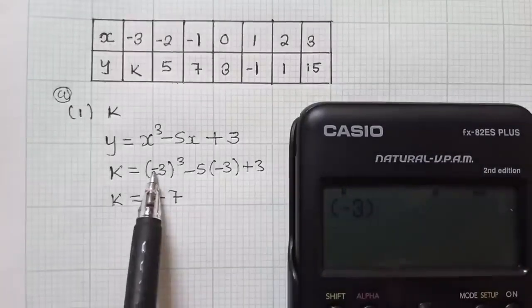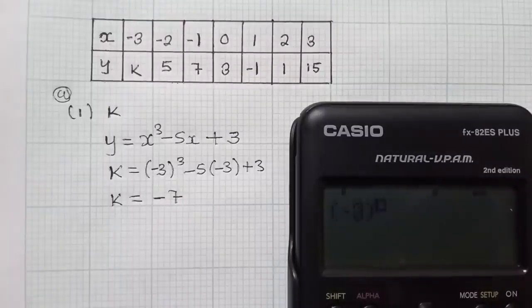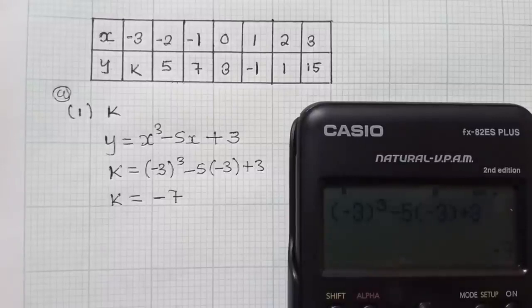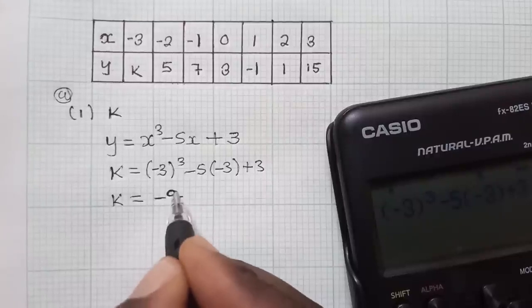Remember, because of this negative, remember to put it inside the brackets. And then I've got power 3 minus 5 times -3 plus 3. It's giving us -9, not -3. So this is -9 right here.